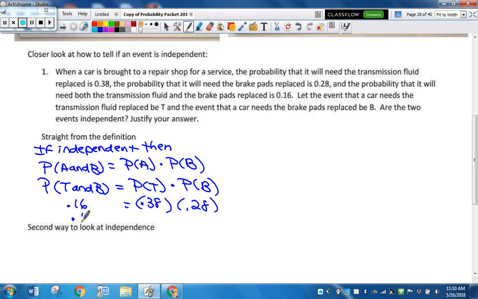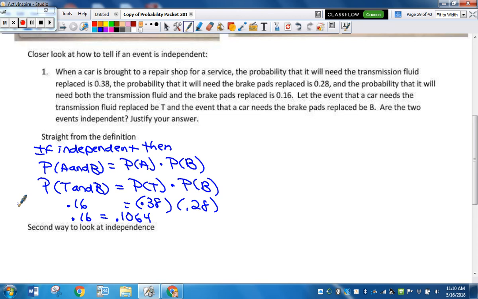I already know this is supposed to be 16%. The question is, 38% of 28%. What does that give me? 10.64%. So point and what? Oh, it's 0.1064. Okay, so are these equal? No. So then what do we say about these events? They are not independent, or they are dependent. You guys kind of following that?